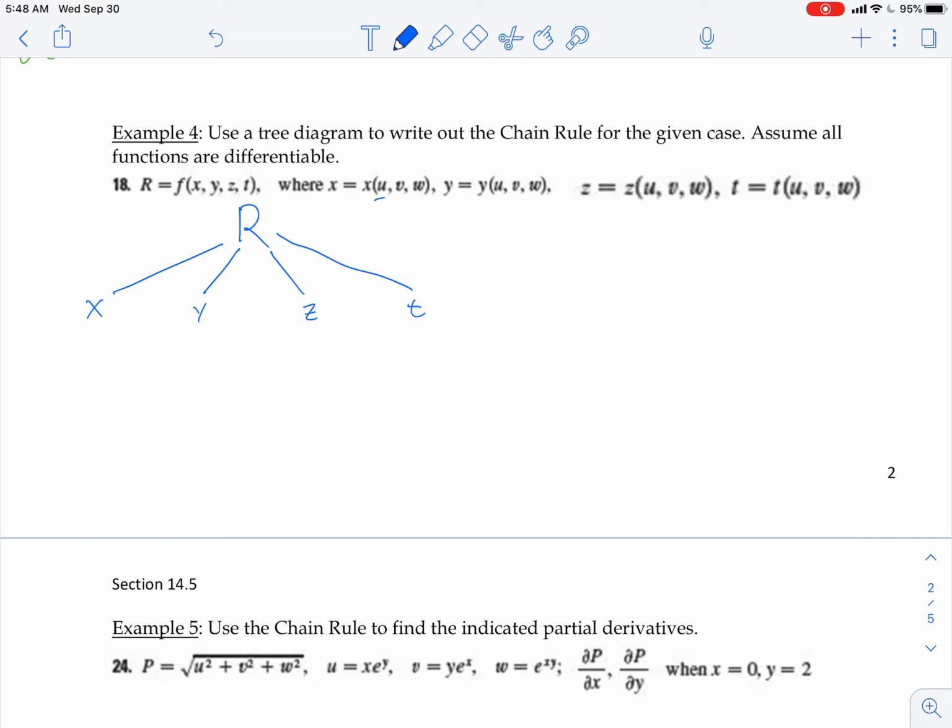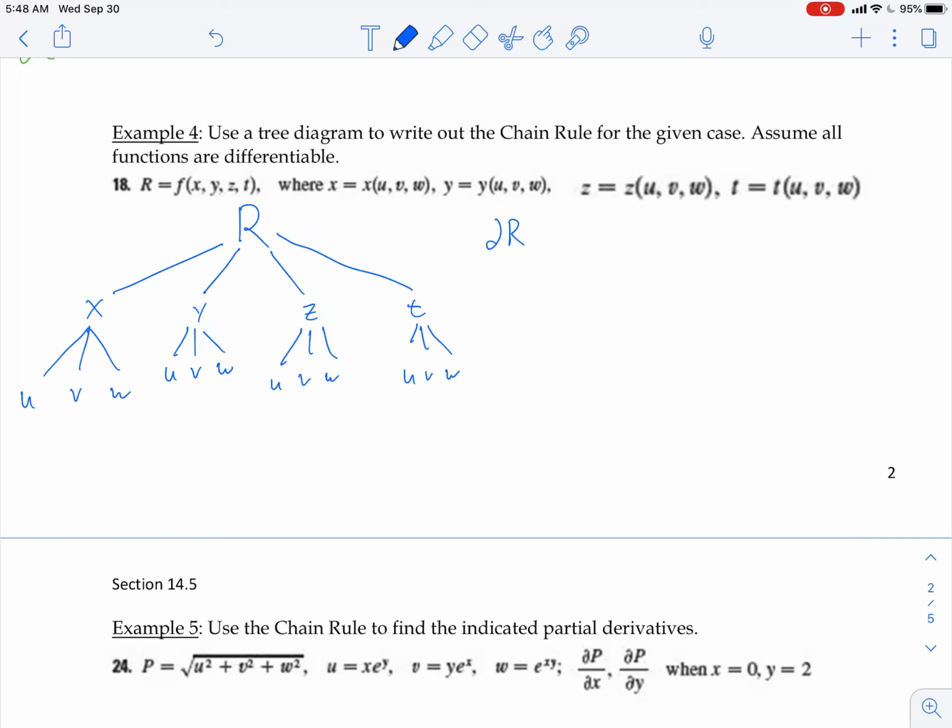And now each one of those goes to u, v, and w. So each is going to lead to a u, a v, and a w. And each of those lines is a partial with respect to what it's heading to.